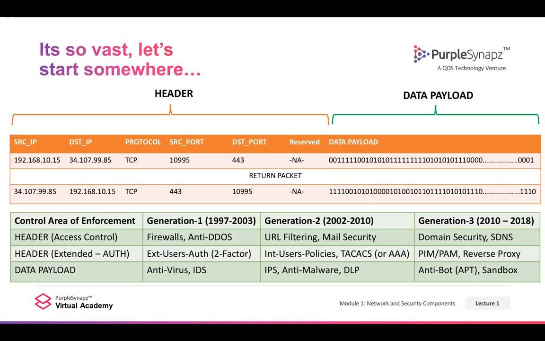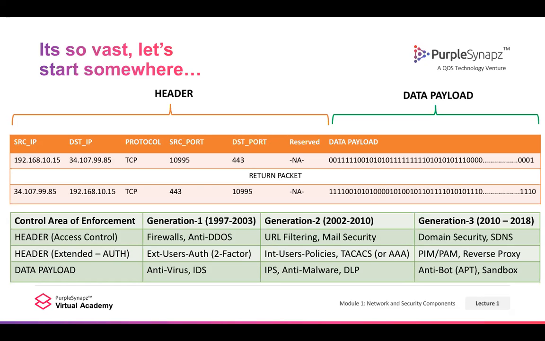Though the firewall was officially launched in 1994, by the time it became prevalent and proliferated in the market, it was way back in 1997. And it was continuously the first objective customers were investing in until almost 2003.